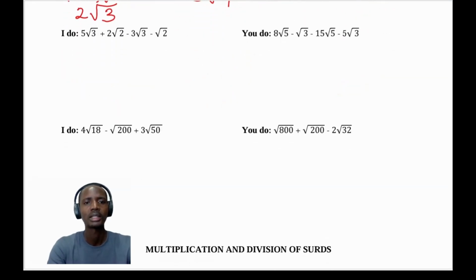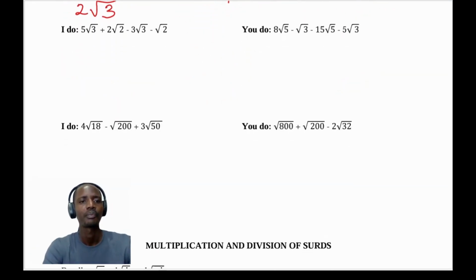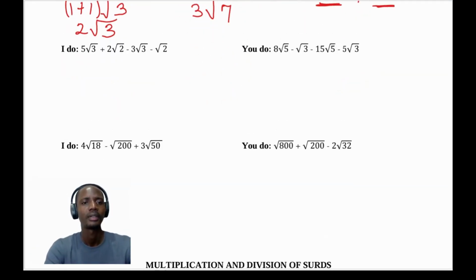Now let us look at this together. 5 root 3 plus 2 root 2 minus 3 root 3 minus 2 root 2. If we look at this, we can see that we have some surds that are similar. We should be able to bring similar surds together. By doing that, I can have 5 root 3.